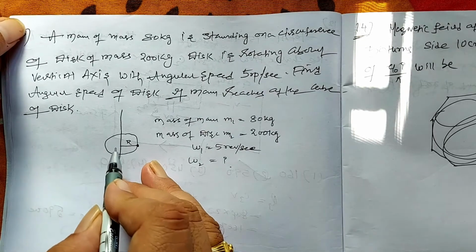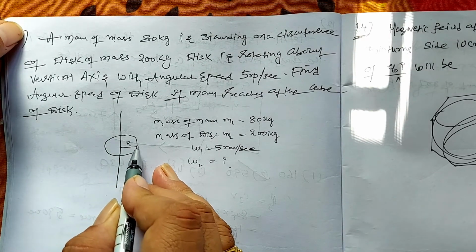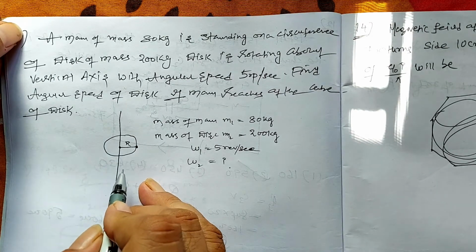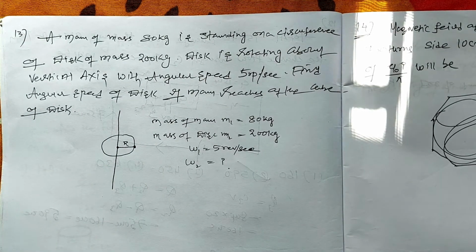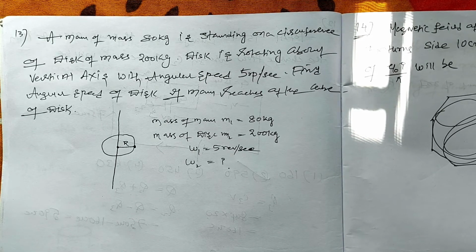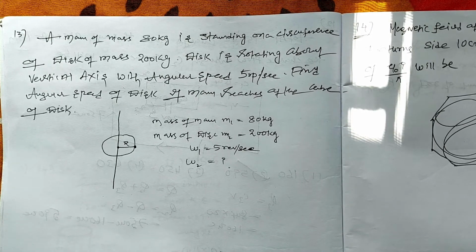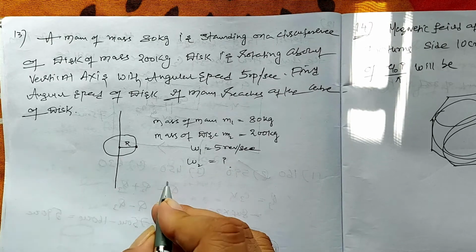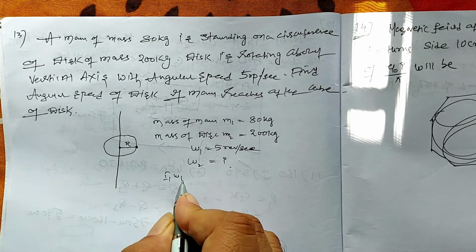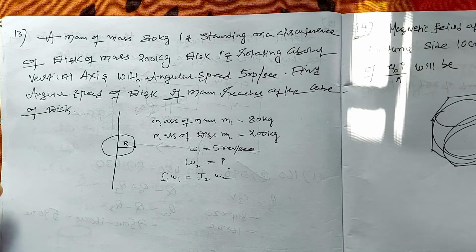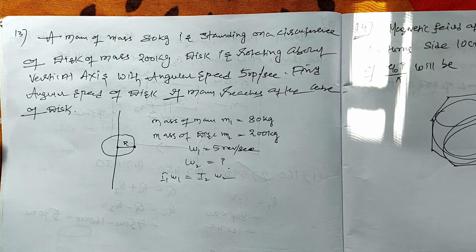Here the force between disc and man is internal force. So, there is no torque acting on the system. The angular momentum of system is conserved. Now, I1 omega 1 is equal to I2 omega 2.